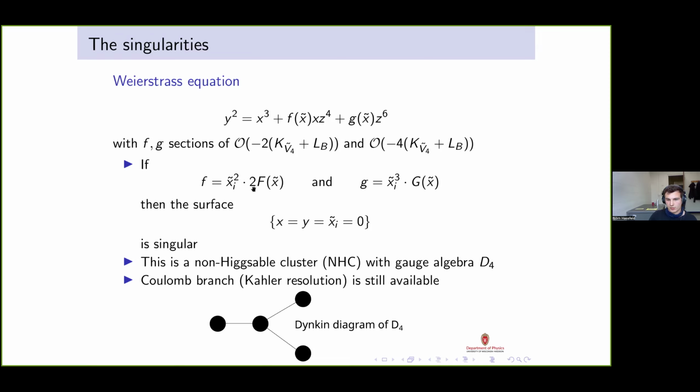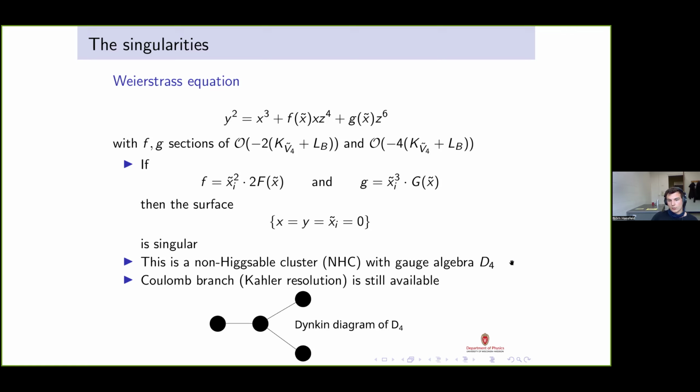Oh, the 2 shouldn't be here, excuse me. So there will be an overall factor of ξ_total squared and ξ_total cubed for f and g. And that means that this surface here is our singular surface, and we cannot deform it away. This is what is called a non-Higgsable cluster.